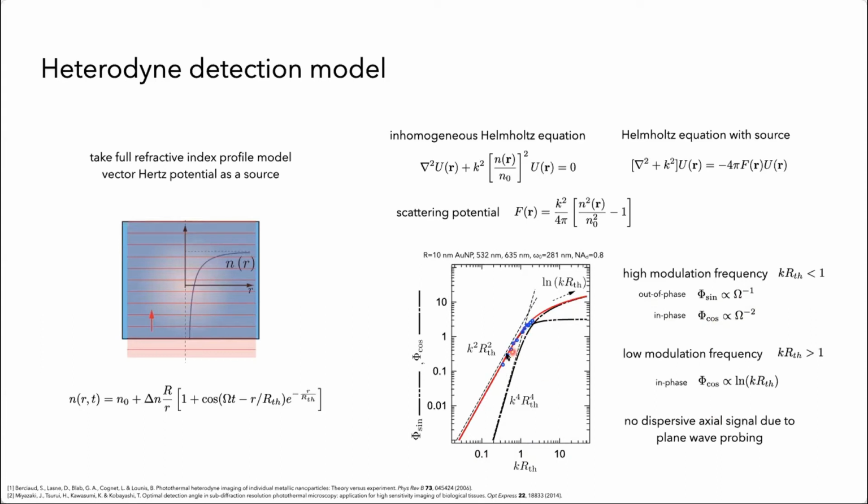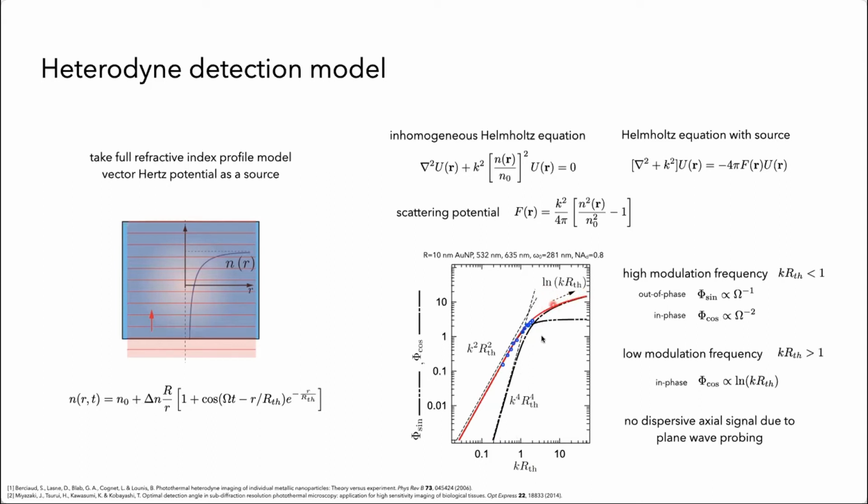So this is these blue points from an experiment, and this is the out-of-phase signal here. But there's also now an in-phase signal, which is new in that model, and that in-phase signal scales as 1 over the modulation frequency squared for small thermal diffusion lengths. But for larger thermal diffusion lengths or lower frequencies, the signal diverges with a logarithm.